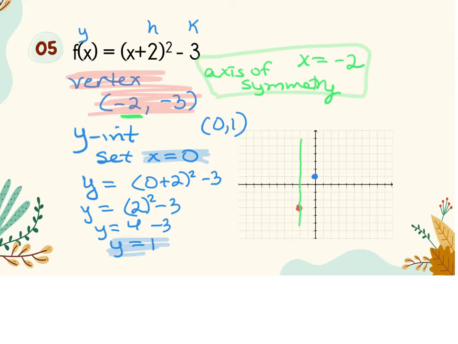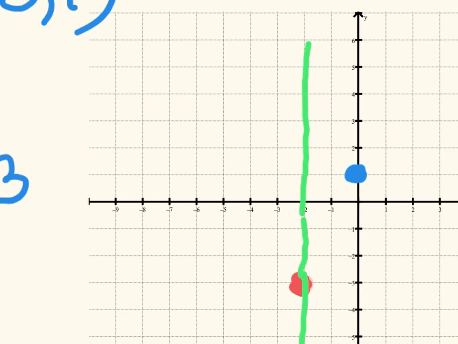Think of it like a line of symmetry that's splitting my parabola in half. So I've already got the right side of my parabola. Now let me get my left side in here. And there's the graph of your parabola. How did you do the left side? Okay, so I need to count how many spaces away. Let me erase that. For this one, I'm going to see how many spaces away from that green line my y-intercept is.